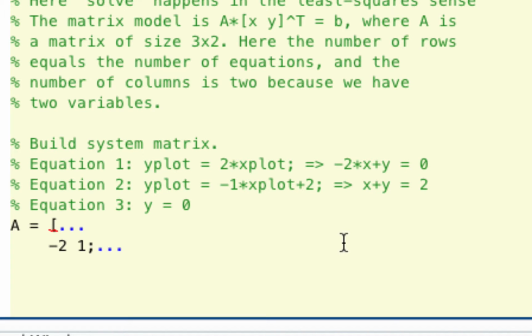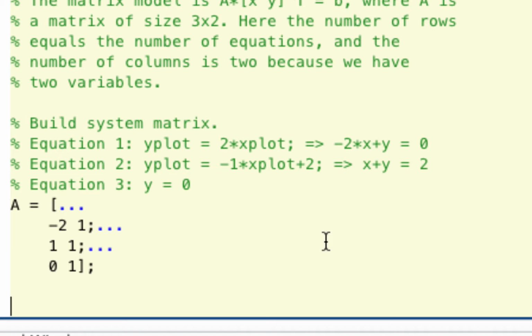So I'll save you from that. Okay, so we have here 1 and 1, and in the last row we have 0 and 1, I think. Does it look okay to you? Excellent.